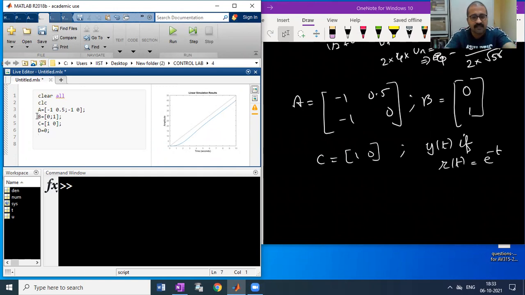What next? We need to define the time. Let us take T starting from 0 with an increment of 0.01 up to 10 seconds. Now what is the input signal here? It is e raised to -t, so exponential of -t. Now what next? lsim sys comma u comma t.